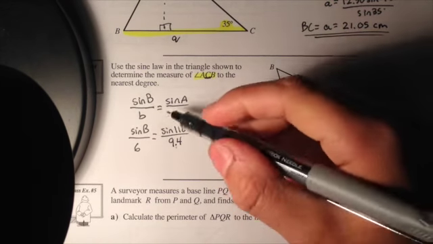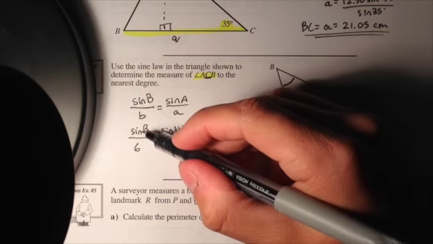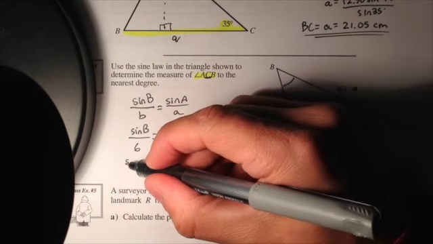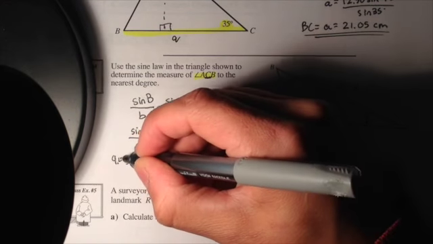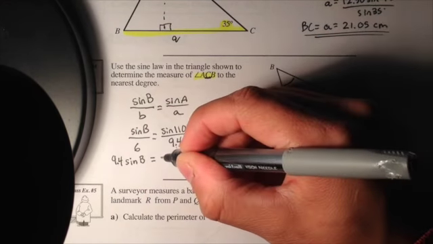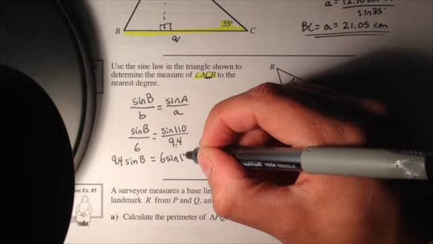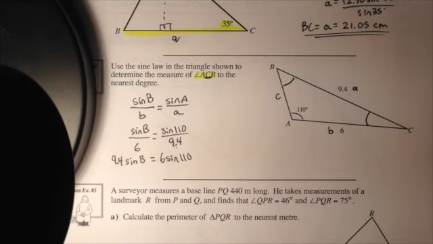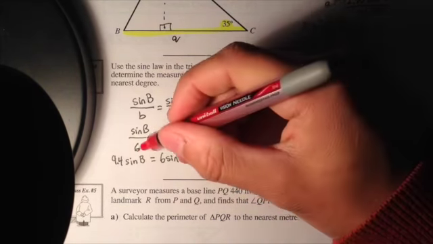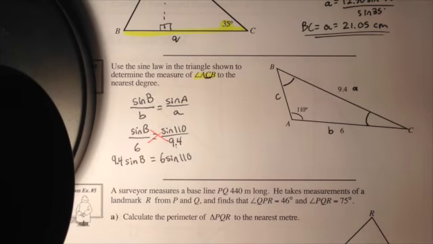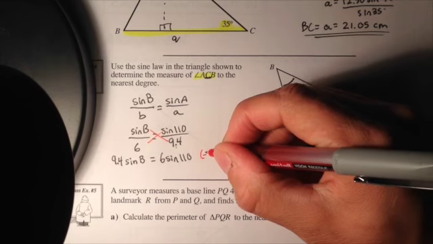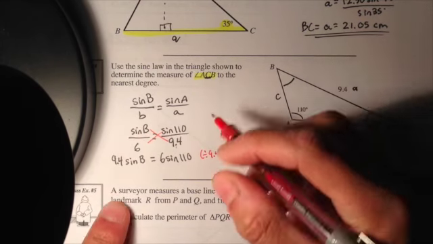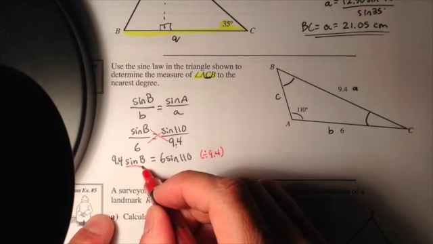And now again, we need to rearrange this in order to solve for sine B. And so this is going to be sine B multiplied by 9.4, and that's going to equal 6 times sine 110. Alright, and so remember, the way I got this was I just cross multiplied. And now we're going to have to divide by 9.4 in order to isolate sine B right here.